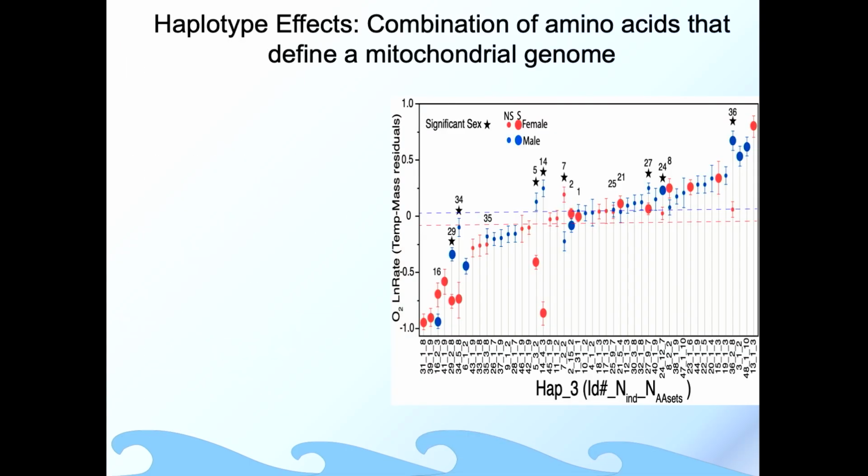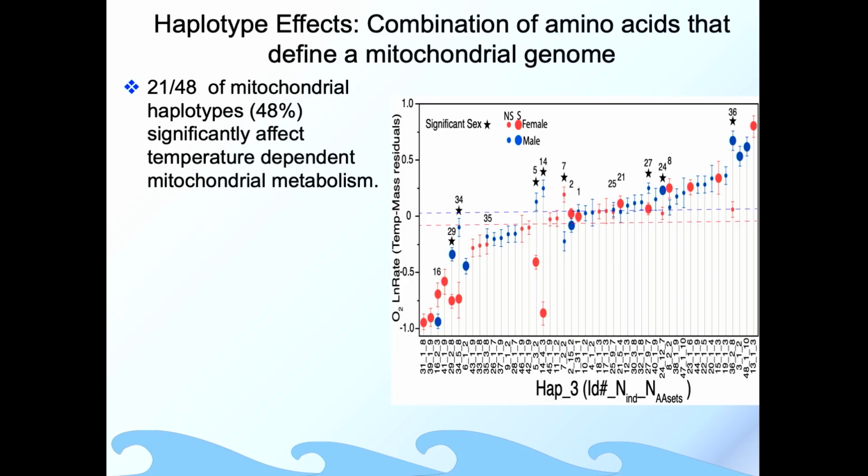So there's a haplotype effect. In other words, if we sum up all those amino acids, this is again the haplotypes on the bottom. There's 48 of them. They're arranged in order, and on the y-axis, again, is just the metabolic rate from the mitochondria. The big dots are significant, and the little dots are not significant. And the stars, again, are different between males and females.